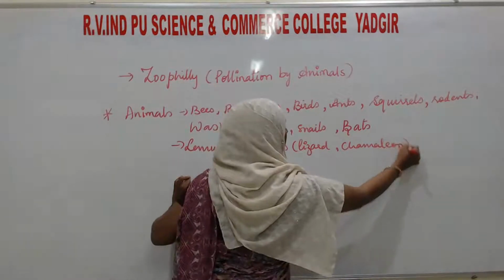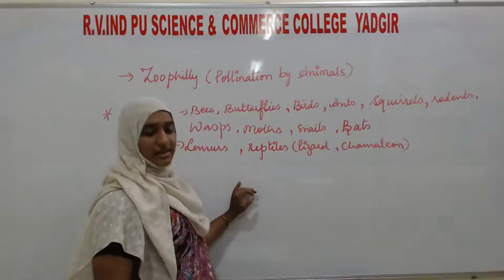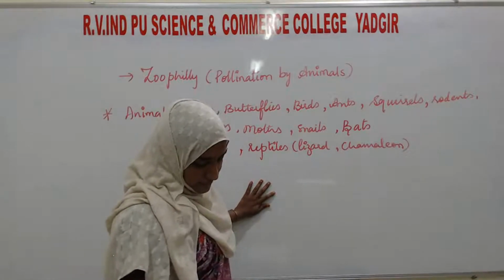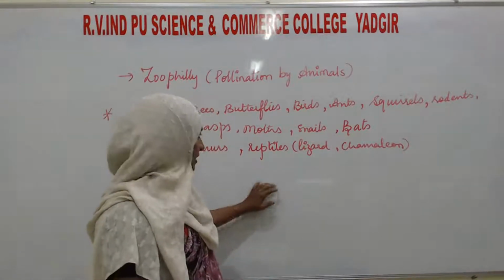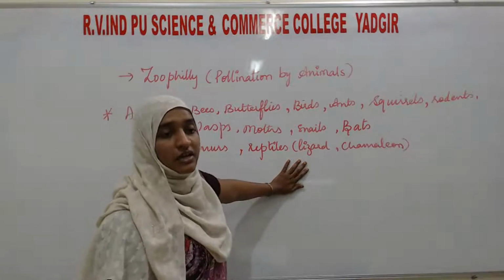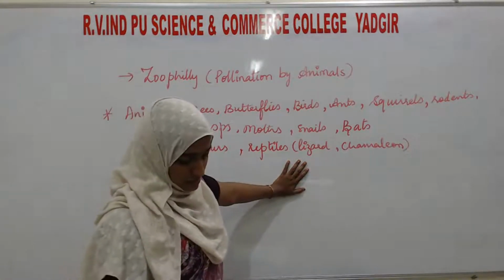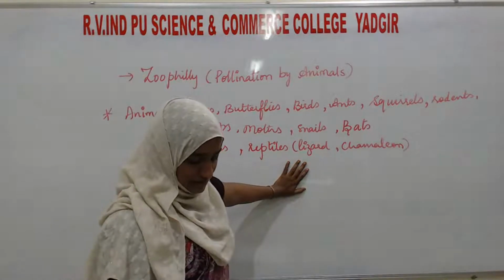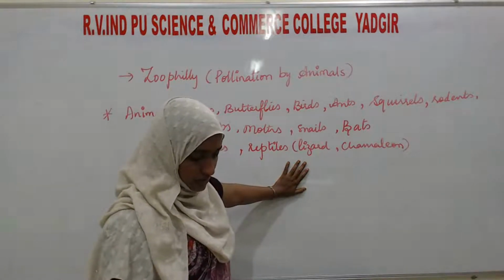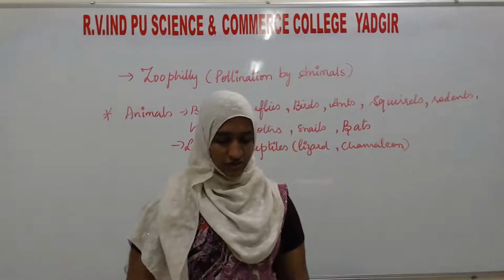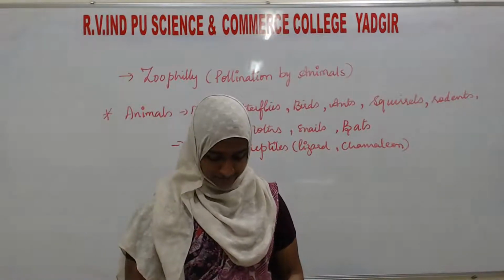These all are animals which are acting as pollinating agents. Among lizards there are also several types, such as the garden lizard. They are all acting as pollinating agents.